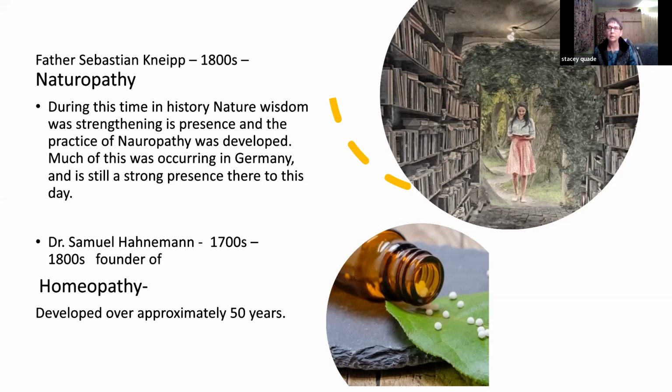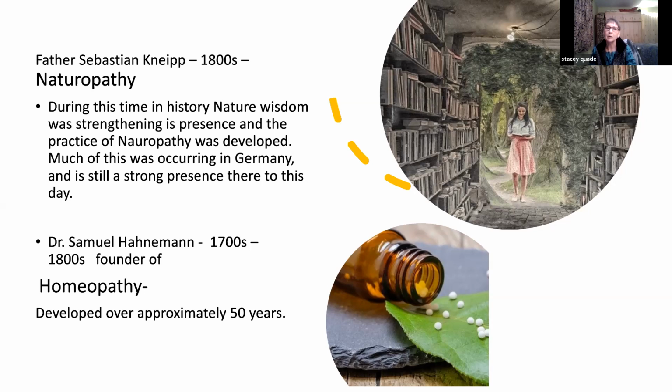The actual practice of naturopathy, as we know it today, the school of that originated in Germany, and it's still one of their more primary ways of practice. You can find naturopaths here in the United States, and they just have a broader understanding of these aspects in the way that they treat and do their medicine.